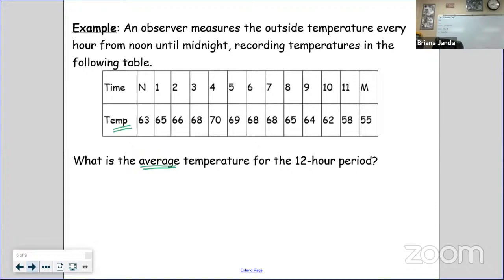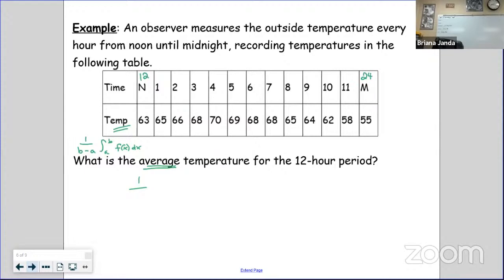Remember that the average of a function is 1 over b minus a times the integral from a to b of that function. That's what it's asking us to do, right? What is the average of a function? 1 over b minus a times the integral of that function on that interval. So for the 12-hour period, it would be 1 over, and this is a little bit tricky if we consider this military time, if you want to call this 12 o'clock and this 24.